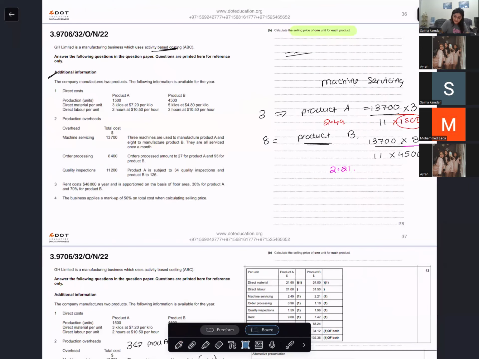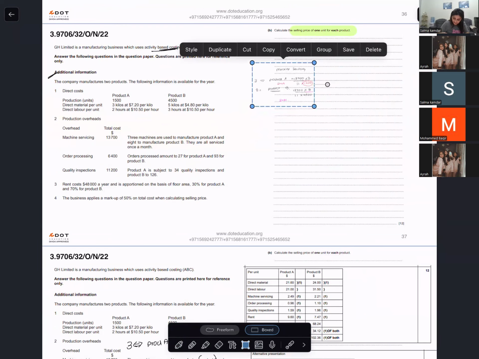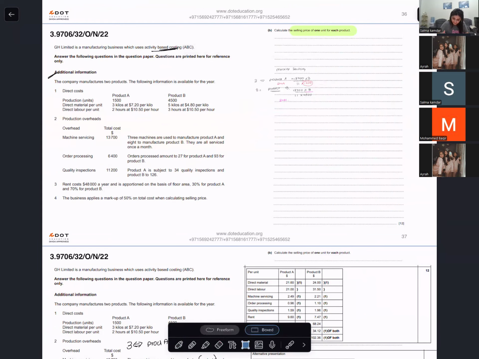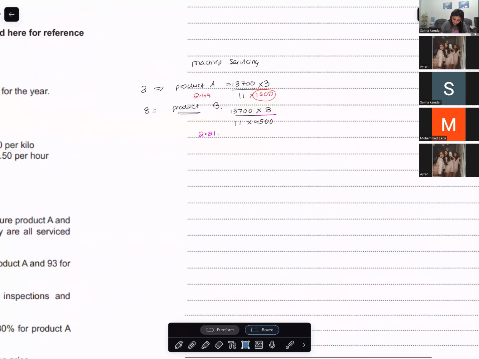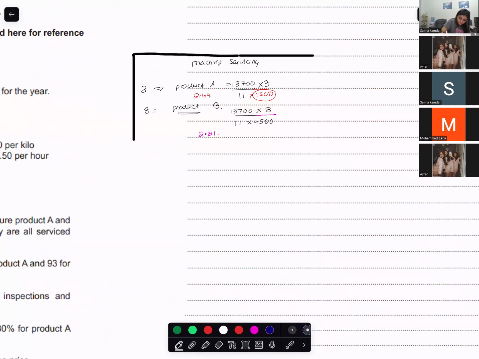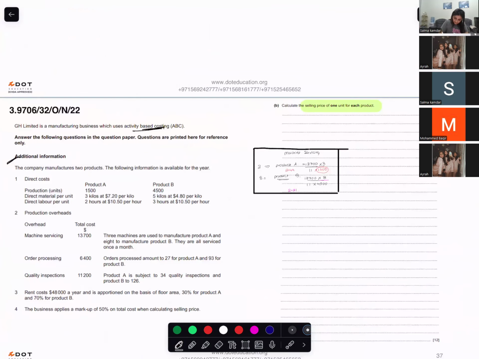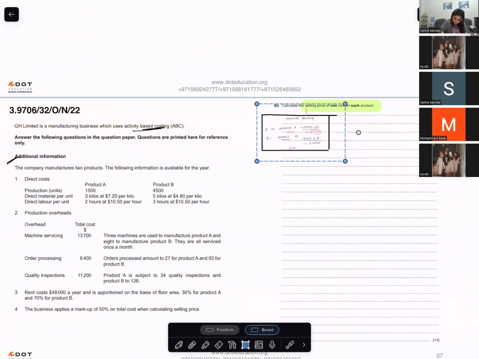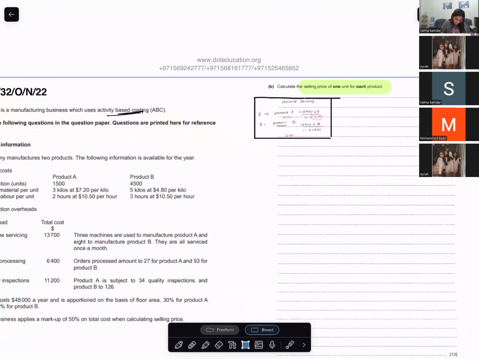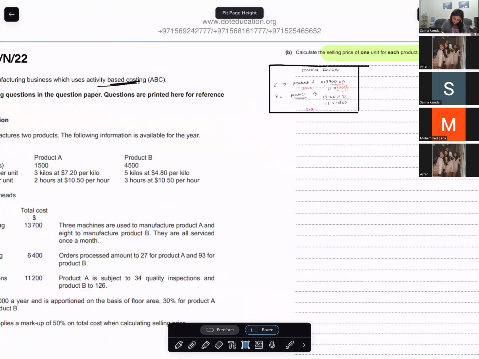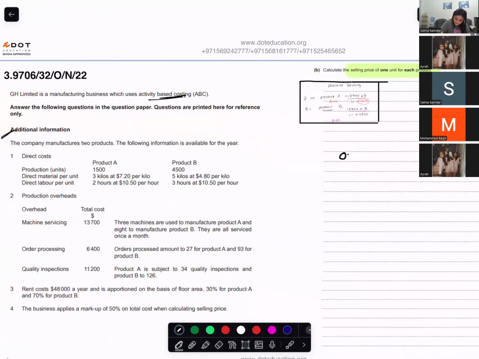So for machine servicing, we got our rates, correct? The next one is order processing. Orders processed amount to 27 for product A and 93 for product B. So the total is 120.